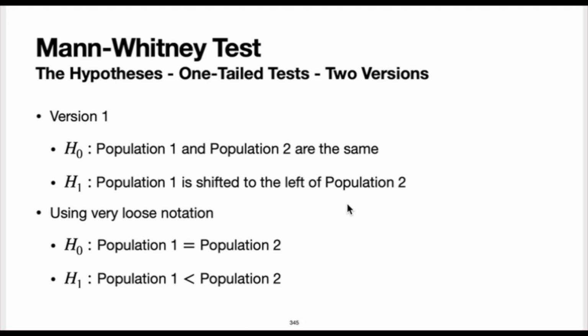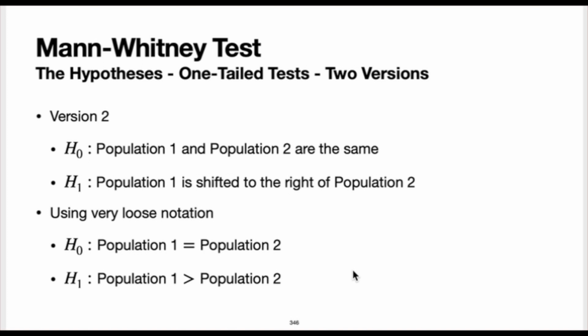We're saying that there's a difference in location, and we're specifying the direction of population 1 with respect to population 2. Again, using some very, very loose notation, the null hypothesis would be that population 1 is equal to population 2, against the alternative that population 1 is less than or to the left of population 2. All right, so you can see that this is very, very loose notation here, how I'm expressing this. But I think it gets the point across in a succinct way.